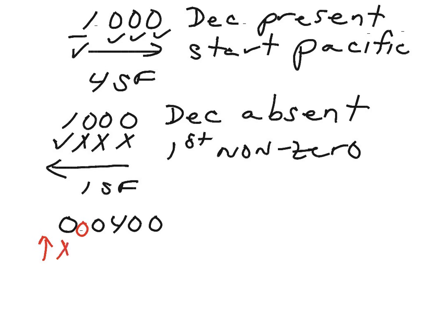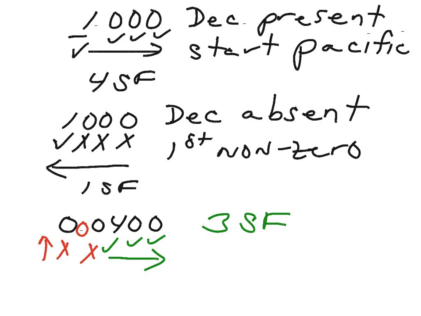So that first 0 isn't counted, second 0 isn't counted. Once we get to the 4, now we start counting, and now it's just counting all the way to the other coast. So 1, 2, 3, that number has 3 significant figures.